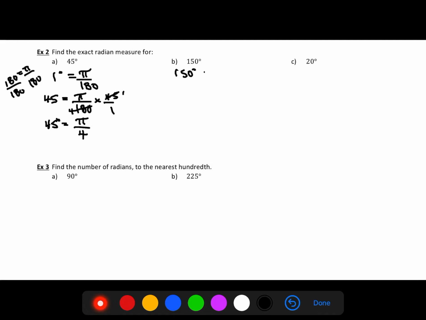Same thing for 150 degrees equals pi over 180 times 150. Simplifying diagonally, we notice that both of these will divide by 30, leaving us with 6 and 5. So a 150-degree angle in radians is 5 pi over 6.